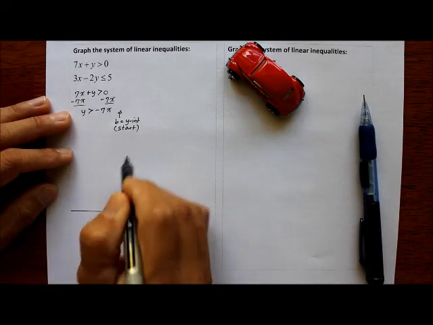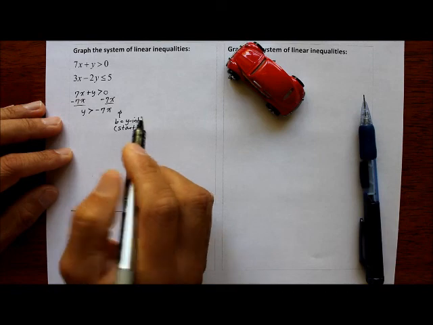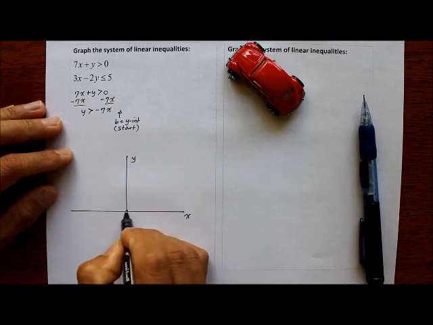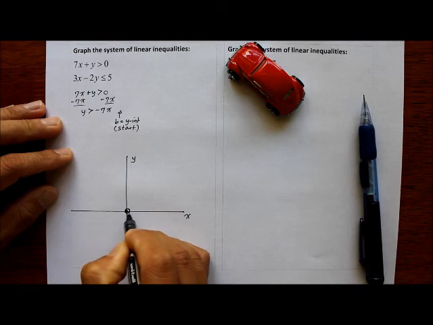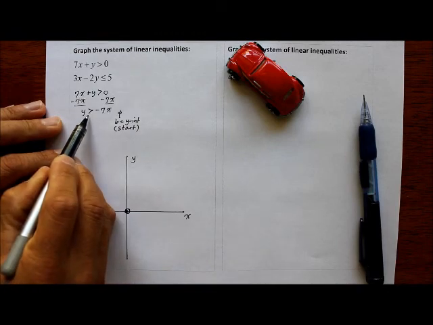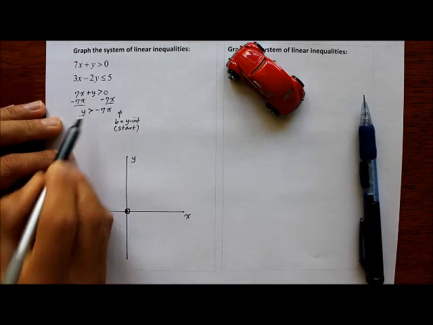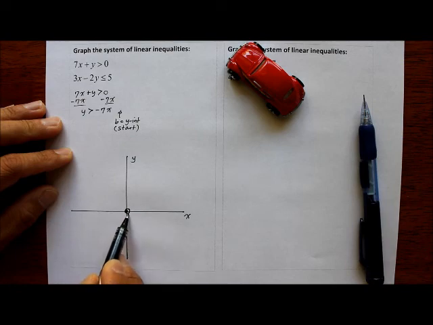Here's the x, here's the y. So now the starting point is at 0, right there. Oh, and you know what? It should be an open circle because it is not equal to. It's not part of the solution, corresponding to an open circle.